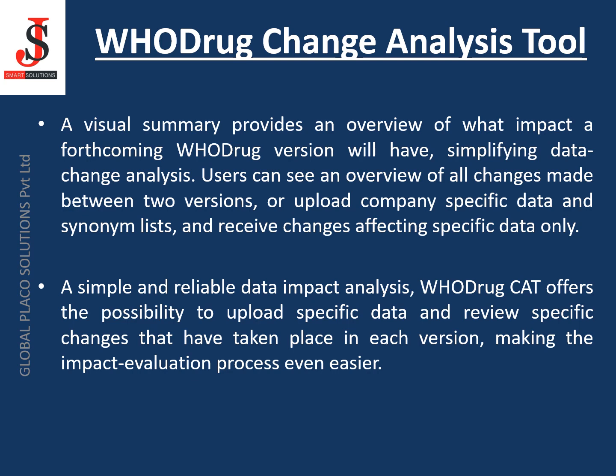Simplifying data change analysis, users can see an overview of all changes made between two versions or upload company specific data and synonym lists and receive changes affecting specific data only. A simple and reliable data impact analysis, WHO Drug CAT offers the possibility to upload specific data and review specific changes that have taken place in each version, making the impact evaluation process even easier.